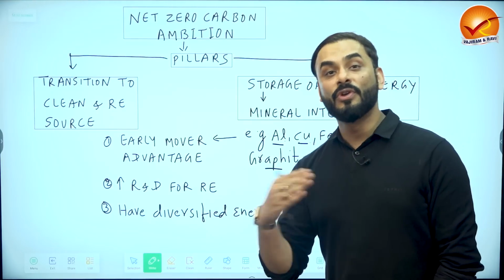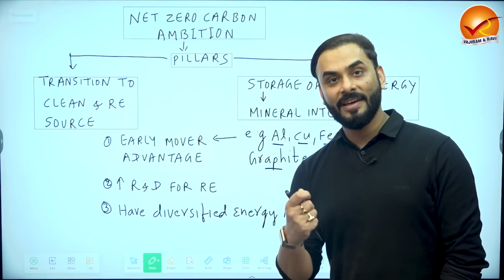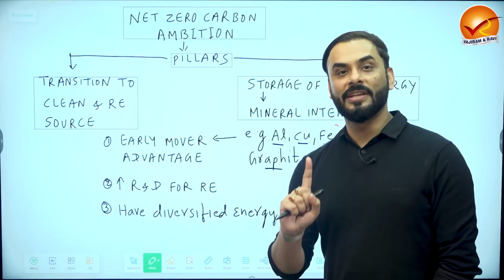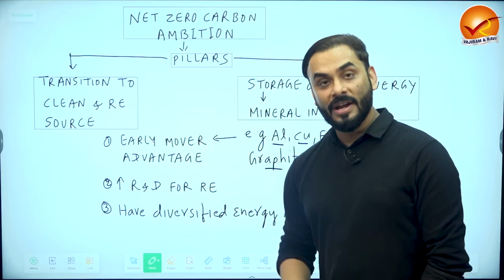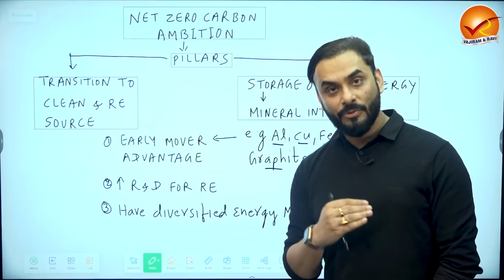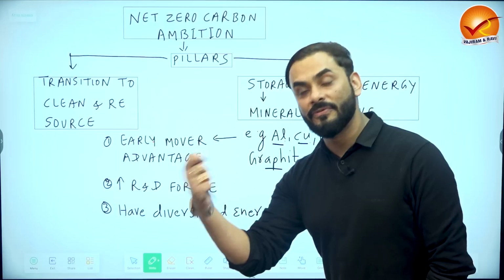They are trying to move to cleaner energy. So the sooner you move towards cleaner energy, the better, because later on these things will become very costly. This is called early mover advantage. So Government of India is trying to take early mover advantage by speeding up the process of transition to clean fuel.